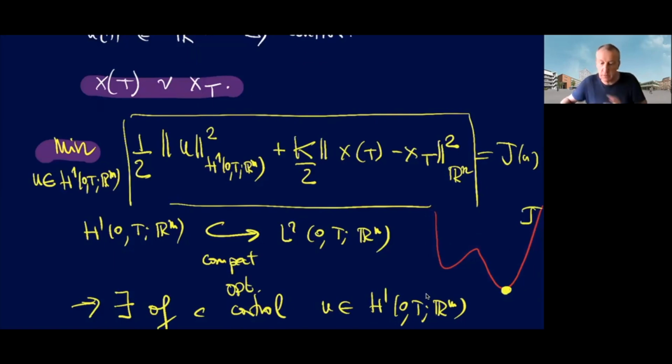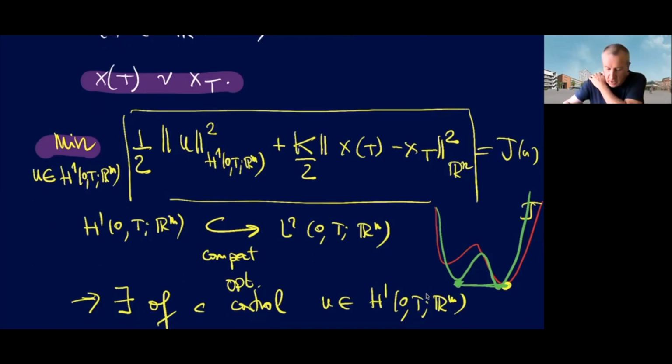Yes, but if you don't have convexity, it's very hard to say whether there will be a unique minimizer, because the functional not being convex, two local minima could be global minima, and then the uniqueness of the minimizer is not guaranteed anymore, right?